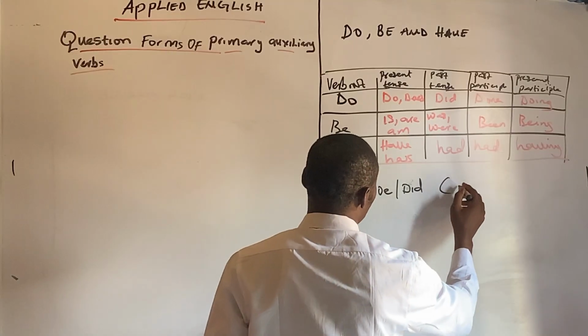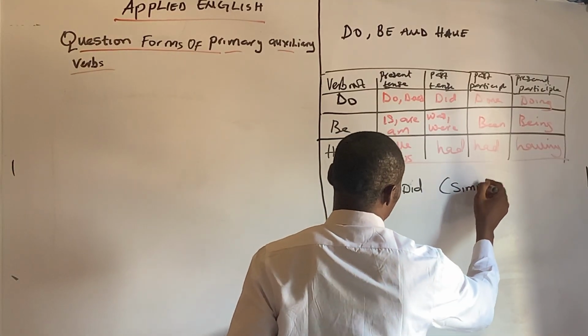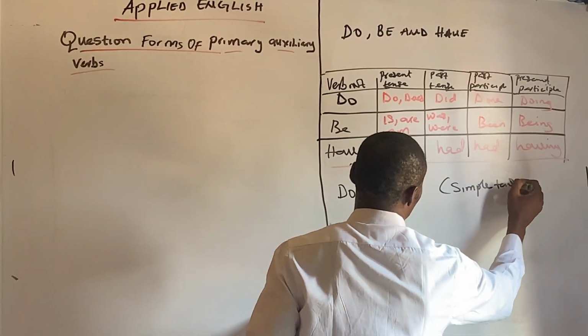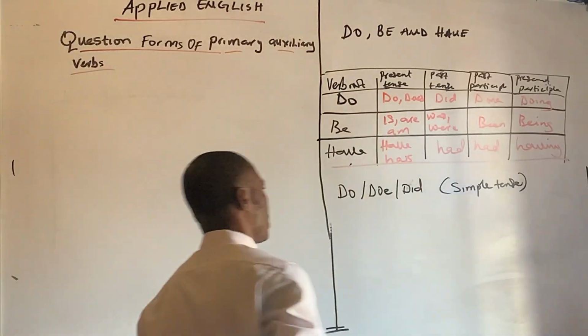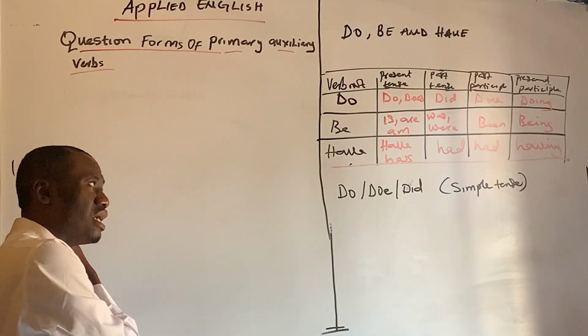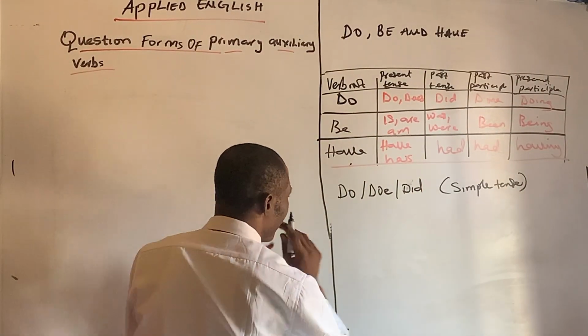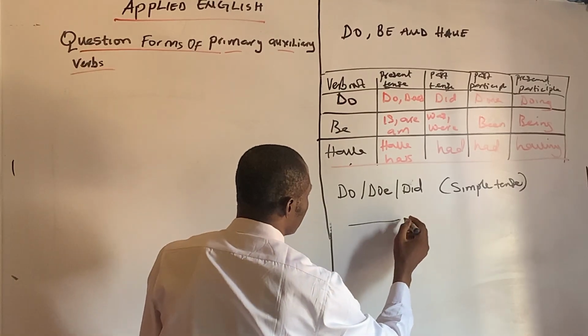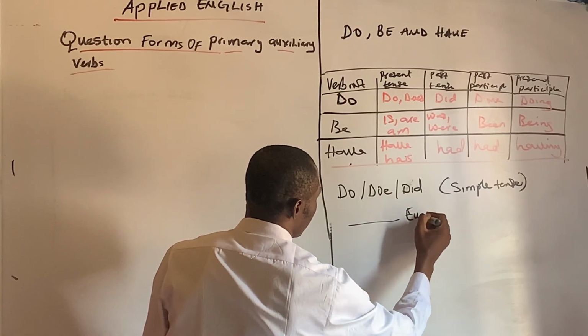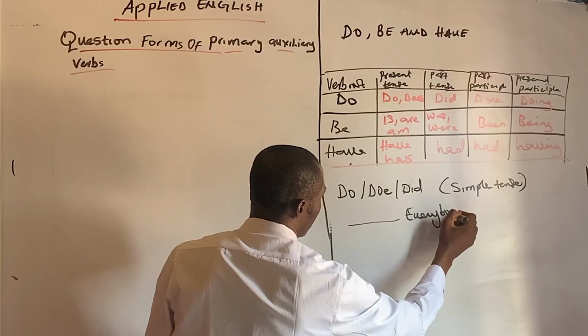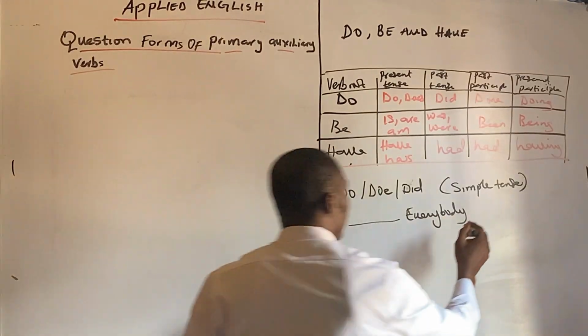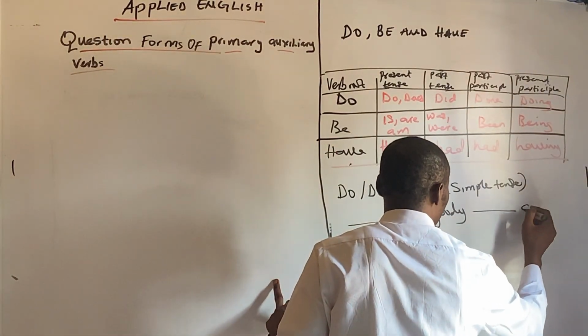We're going to be using simple tenses. Now, look at this. If we have dash everybody, dash a car.